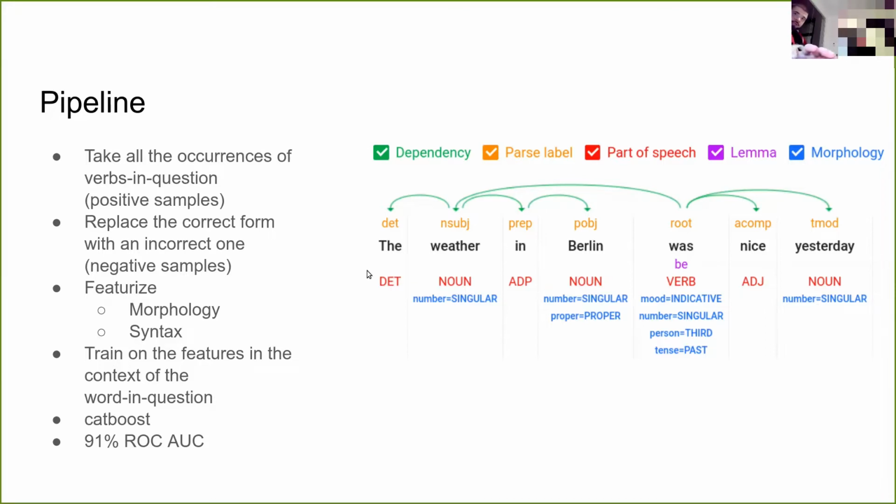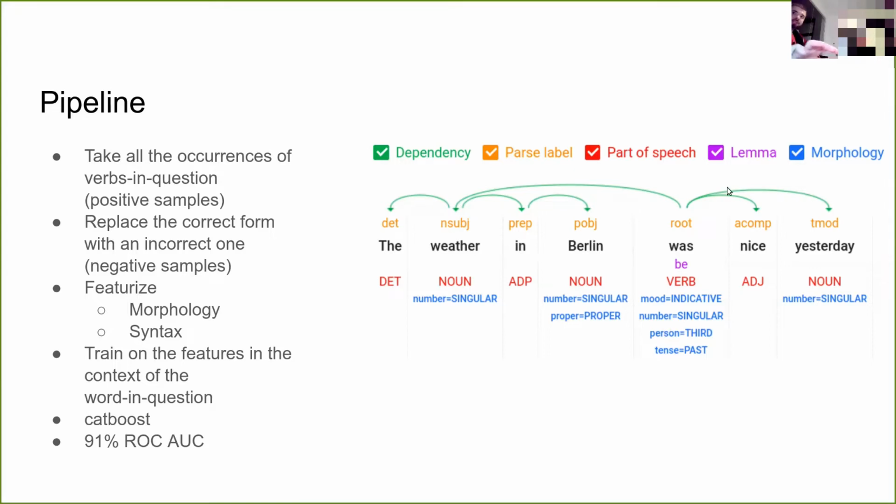The morphological ones are at the bottom: this is the part of speech, and these are the morphology categories. So this verb is in the indicative mood as opposed to imperative, for instance, singular number, third person, and past tense. And the syntax features are here.